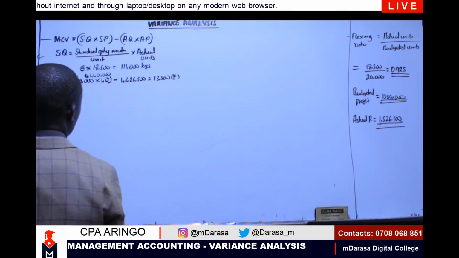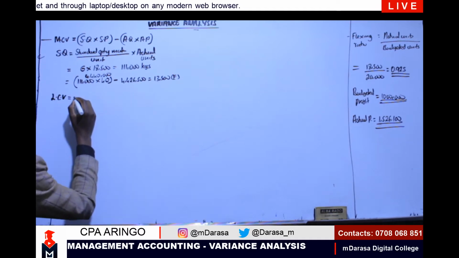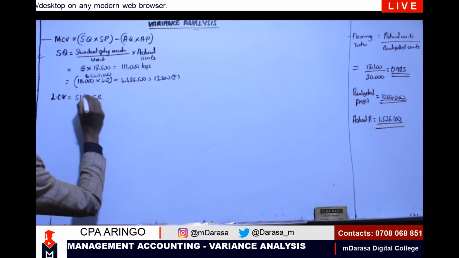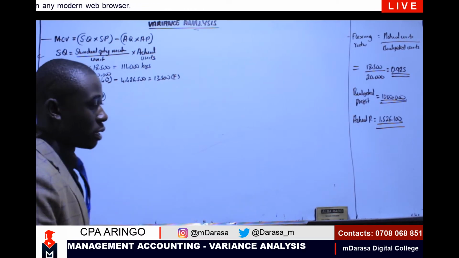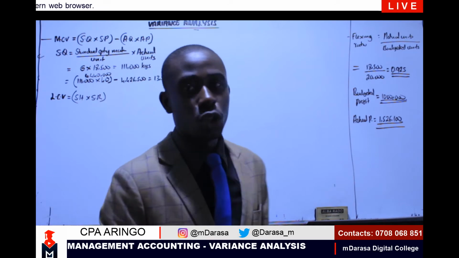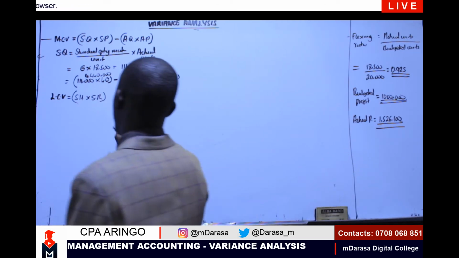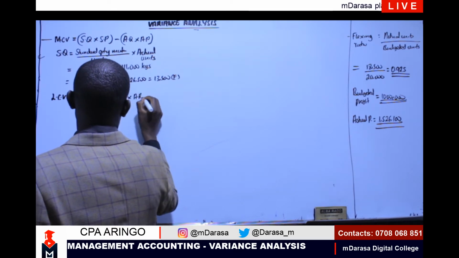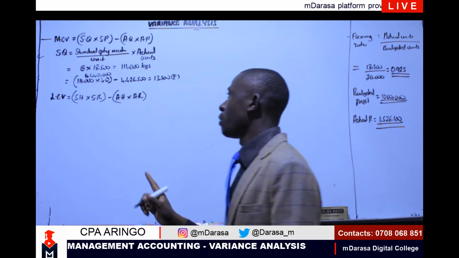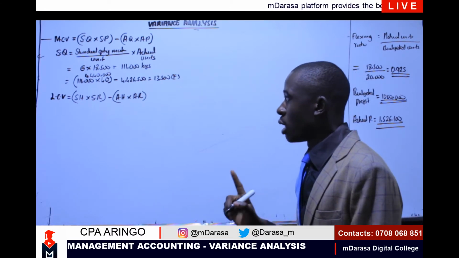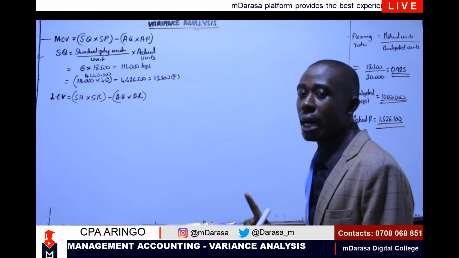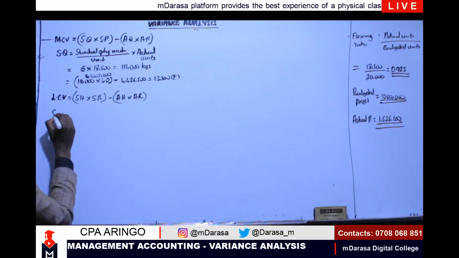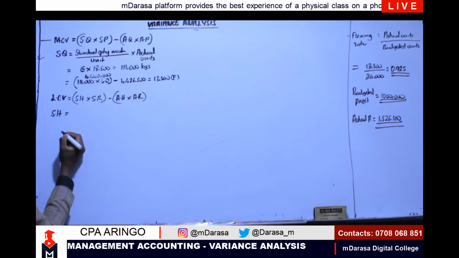We should be talking of our standard hours times our standard rate, which gives us our standard total labor cost, minus our actual hours times our actual rate, which gives us our total actual labor cost.